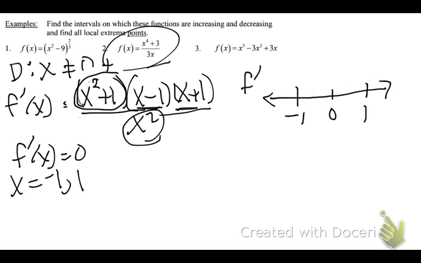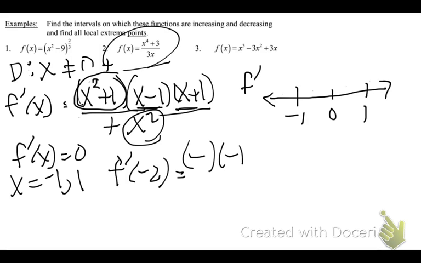And my denominator will always be positive because it's something squared. So if I plug negative 2 in, negative 2 minus 1 is a negative. Negative 2 plus 1 is another negative. And our first factor is always positive, and then the denominator is always positive. So we'll have a negative times a negative, which is a positive, over a positive. So my first interval has positive outputs.